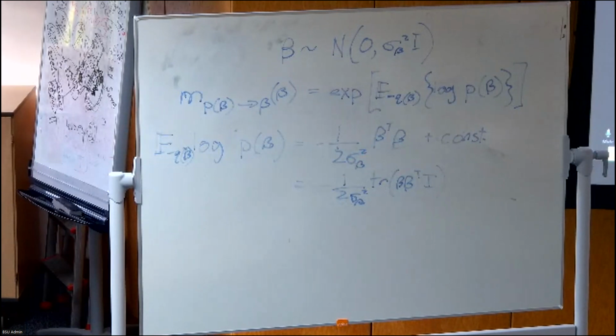Is it not going to put beta transpose on every element of the diagonal? That would be a different operation. It's just multiplying by the identity matrix, so you don't have a diagonal matrix where beta transpose is on every element. Beta transpose is a matrix. Oh, right, I see. Okay, I got it.